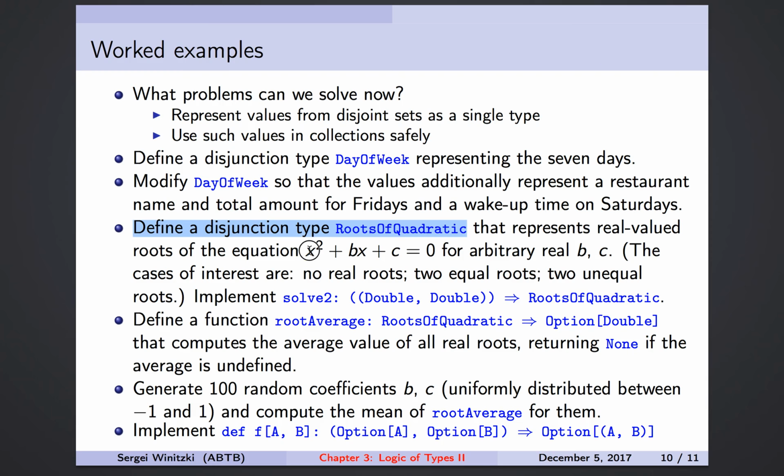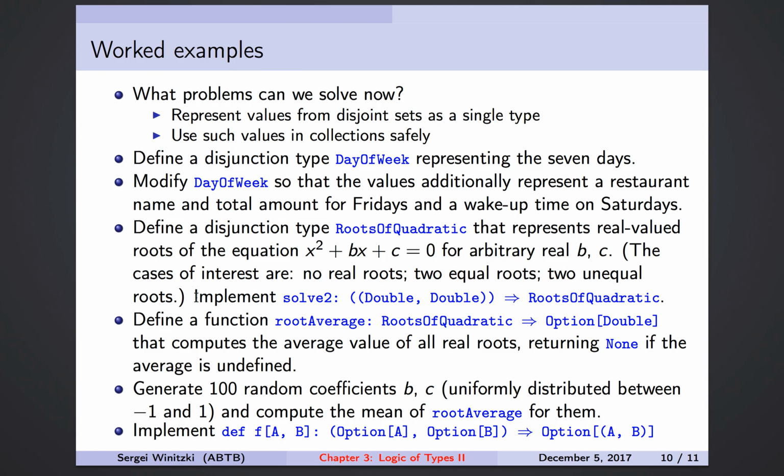Notice I make this quadratic equation non-degenerate so that it always has the term x squared. If I said ax squared plus bx plus c, there could be a case when a is 0, and then we'll have a linear equation. So in this particular example, I chose it to be like this for simplicity.